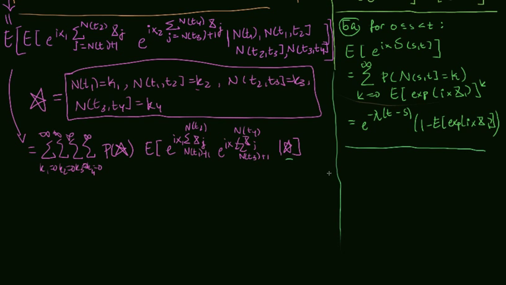So let us just recall that given a stochastic variable x, then the conditional expectation of x given an event a. So this is an event, not a stochastic variable, and this is a stochastic variable.